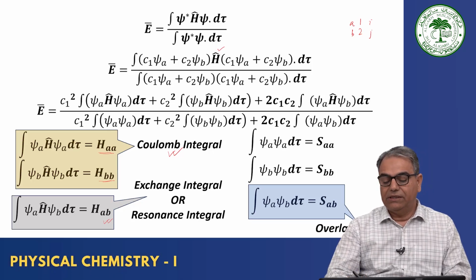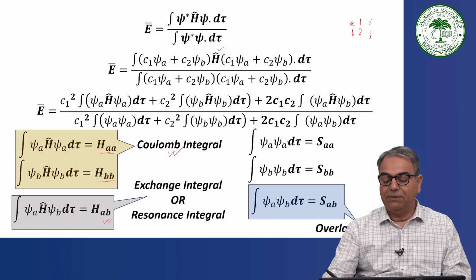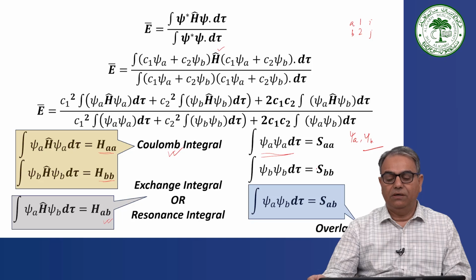Now the integral psi a psi a d tau is equal to SAA, psi b psi b d tau is equal to SBB, and psi a psi b d tau is equal to SAB, and this integral is called the overlap integral. If psi a and psi b are already normalized, this is the normalization condition, so SAA will be equal to 1 and SBB will be equal to 1.